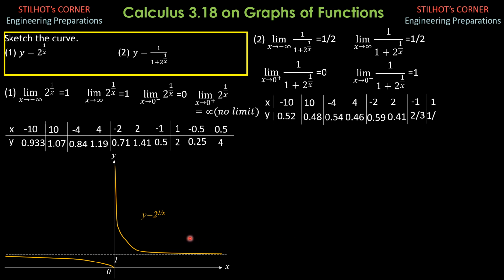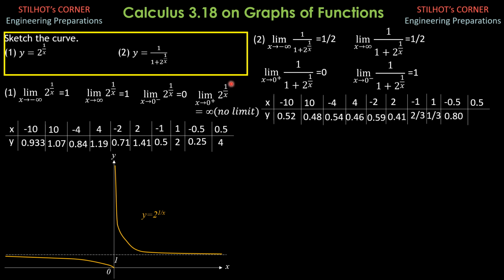Then when x is 0 from the right, it is 0, it begins here. Then for values of x that are positive, it is below 1 half, so it approaches the horizontal asymptote. So the graph should look as shown. So this is the graph of y equals 1 over 1 plus 2 to the 1 over x.